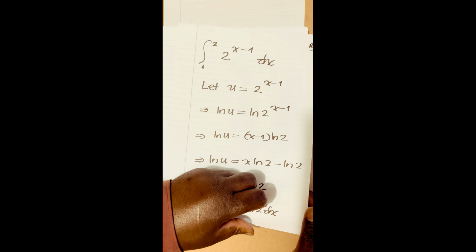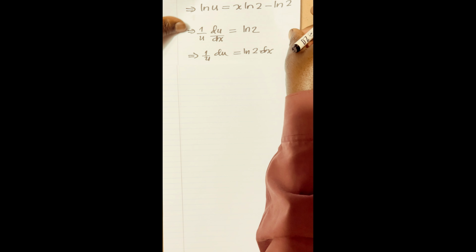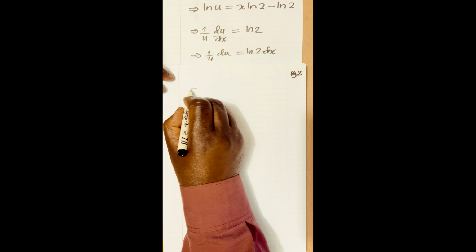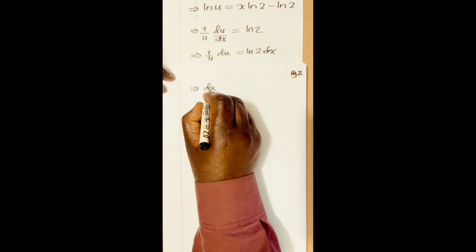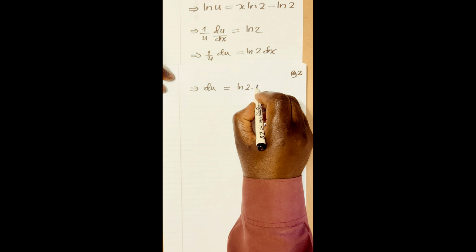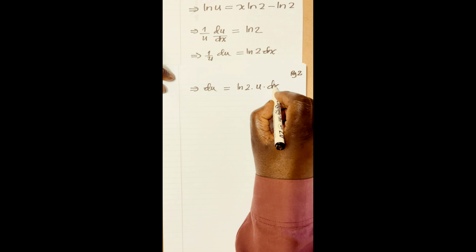So page 2. We move this one down, and let me put these pages nicely together. So we have to multiply both sides by u. What we get is du on the left. On the right, we have natural log of 2 times u times dx.